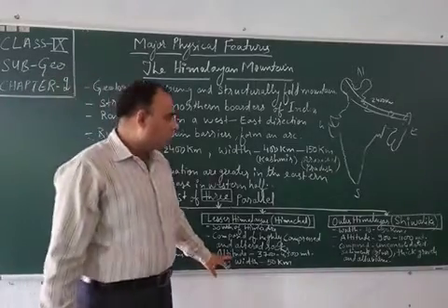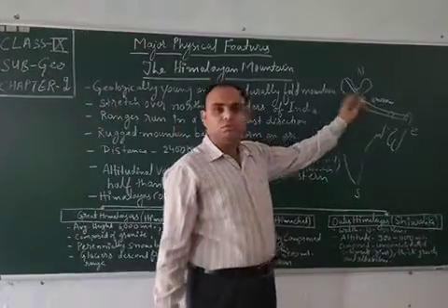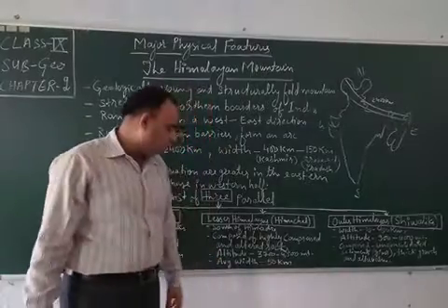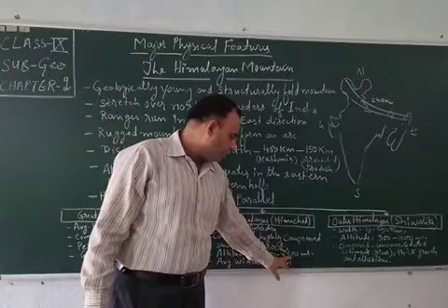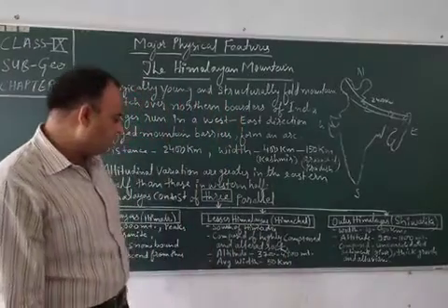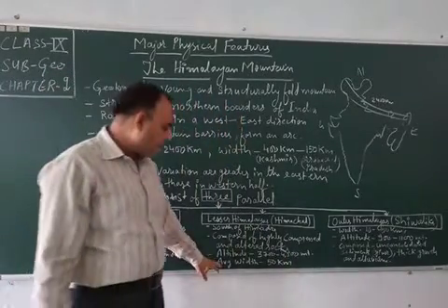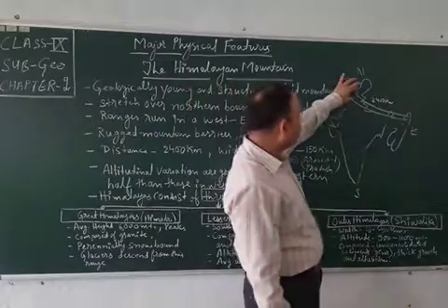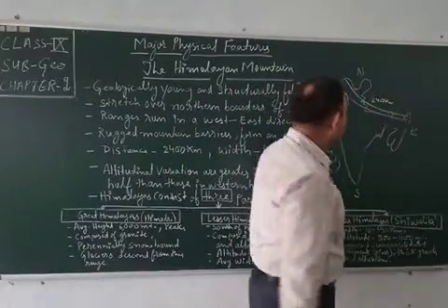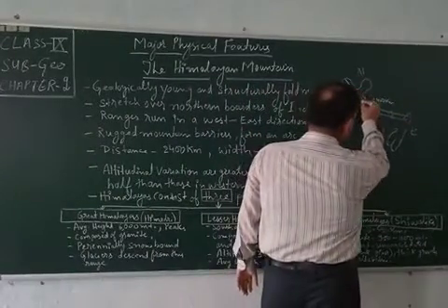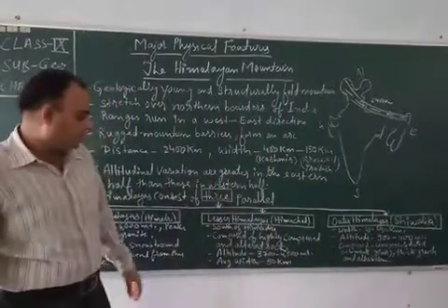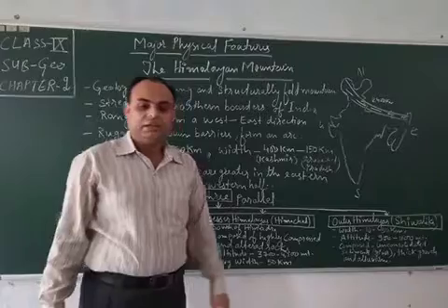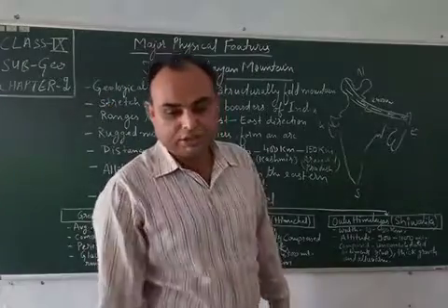The altitude, meaning height here, is 3,700 to 4,500 meters. This is the altitude, and the average width of the Himachal is 50 kilometers. This is the average width.